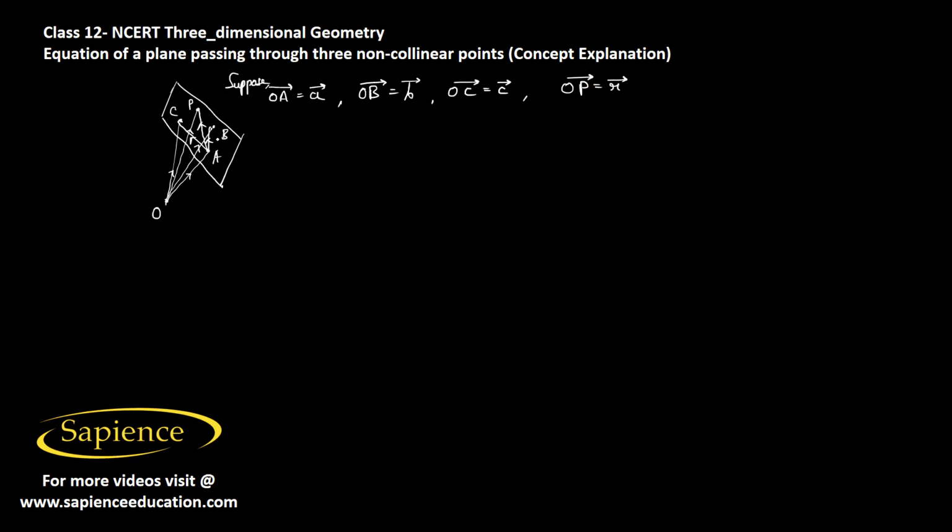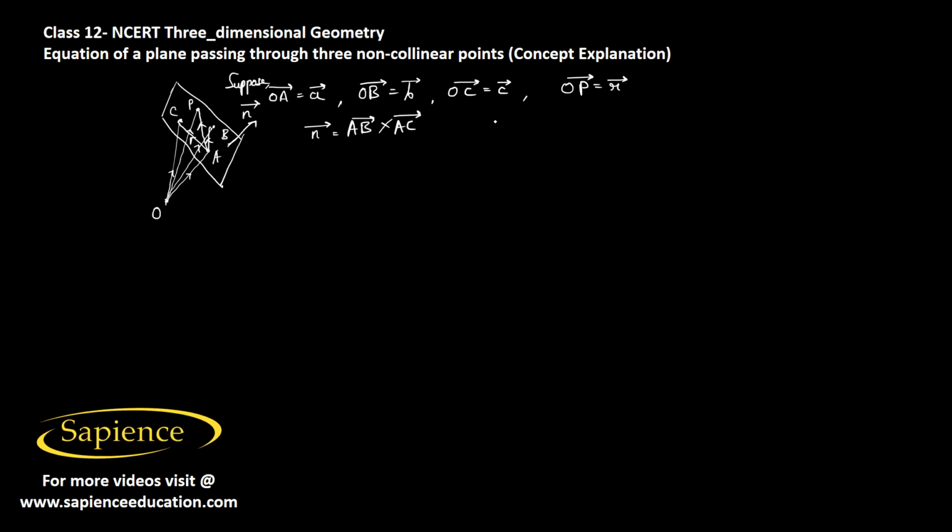So then from here we can find the normal vector to the plane, meaning the vector which is perpendicular to the plane. So n vector can be taken as AB cross AC, the cross product of AB vector and AC vector.